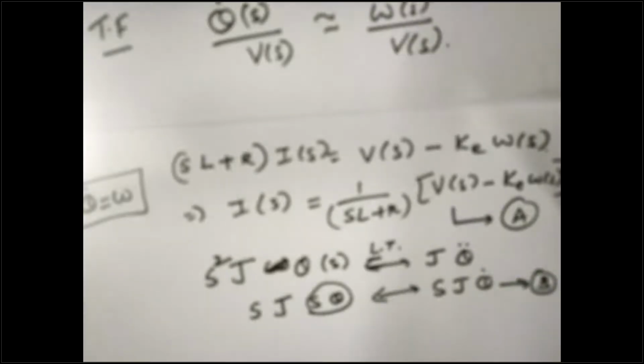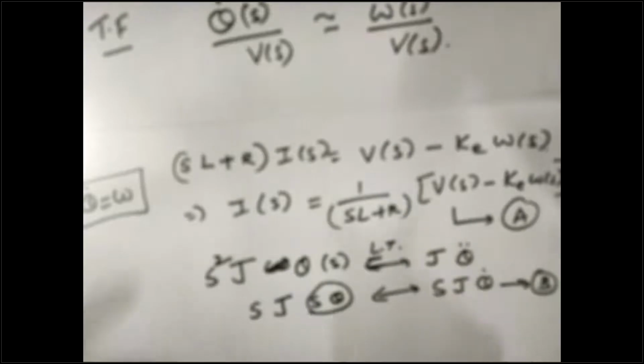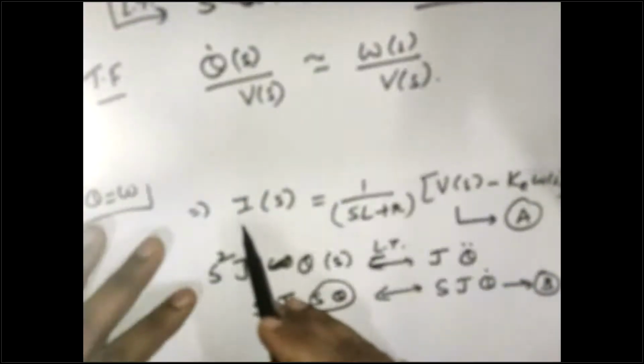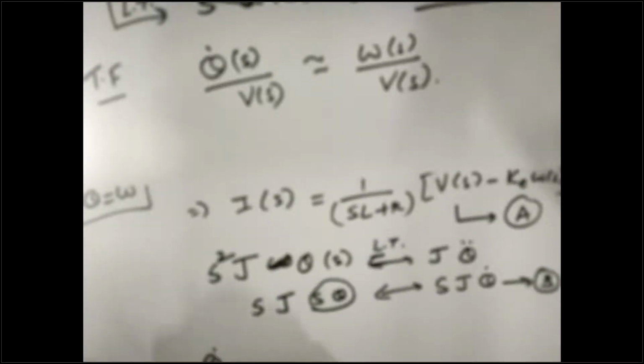Then my aim is to eliminate the current, because current is the one which I don't want. Wherever this current expression is there, if I substitute this current value here, and if we rearrange this, then finally you will be getting theta dot of s by V of s.